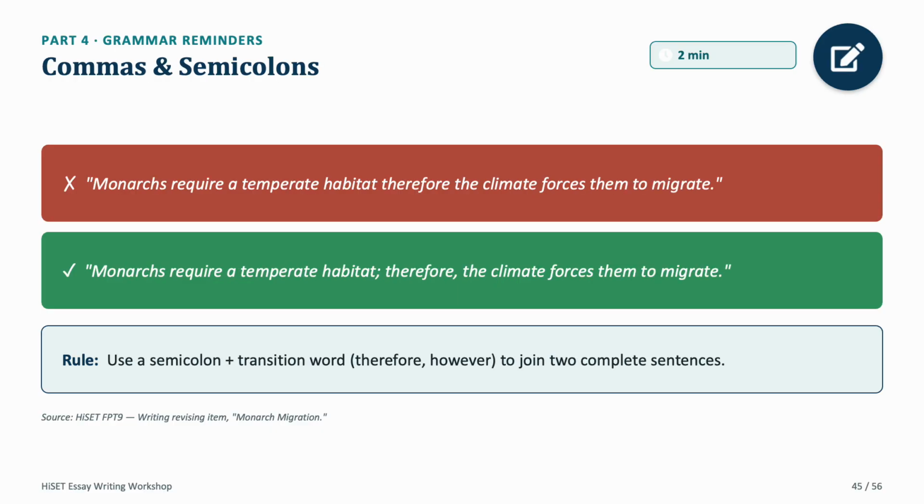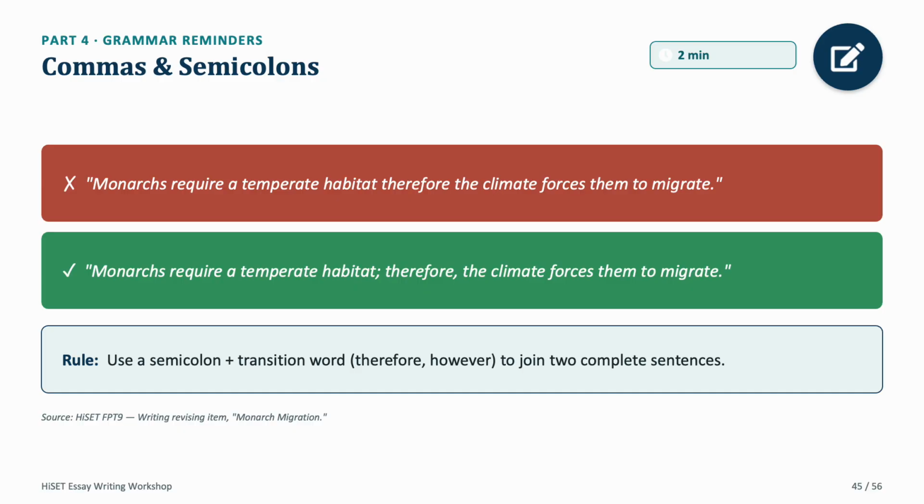Here's another common problem. We have two complete sentences. Monarchs require a temperate habitat. That's one sentence. And the second sentence is, therefore, the climate forces them to migrate.